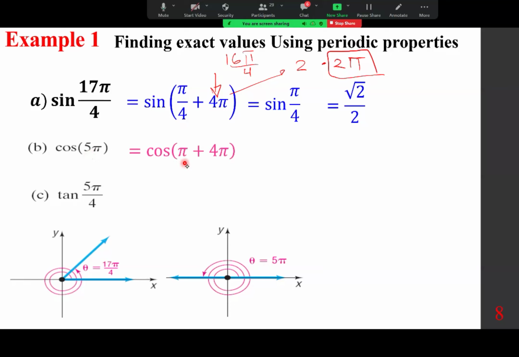And therefore it's the same as cosine of pi. And we know cosine of pi is negative 1. So very straightforward, everybody.